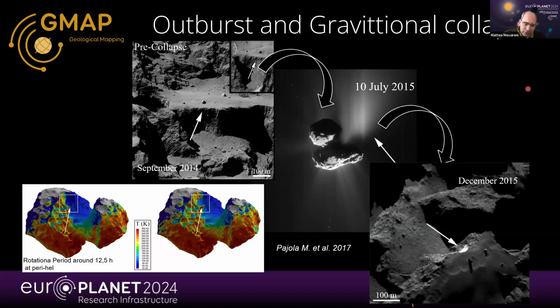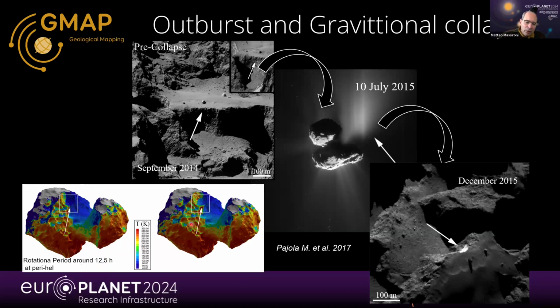And at the lower right here, you see how the temperature varies on the comet close to the perihelion. The comet is rotating around an axis which cuts through the neck. It's here on the neck, and we have a rotation around this axis with a period of 12.5 hours.